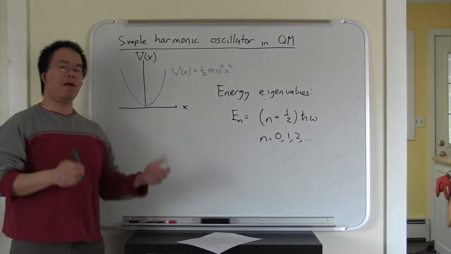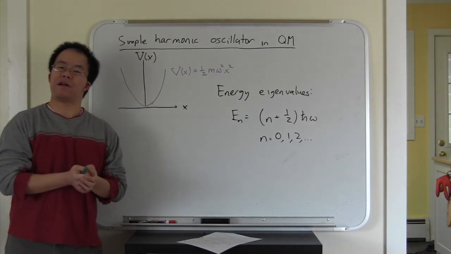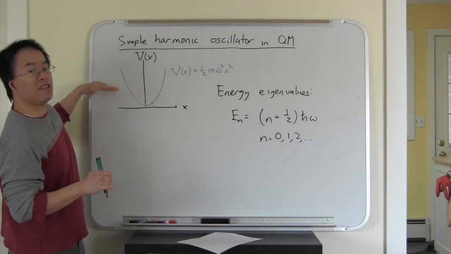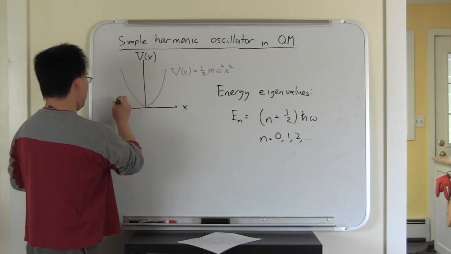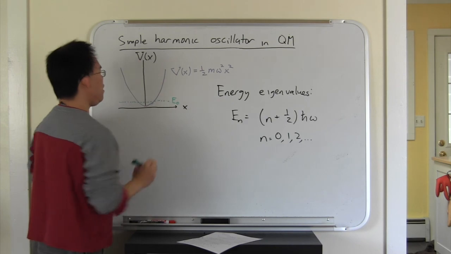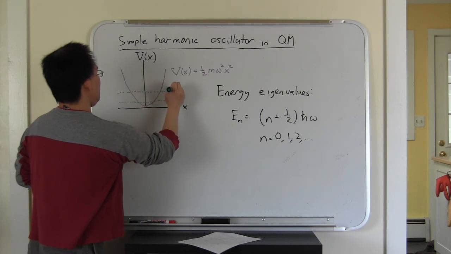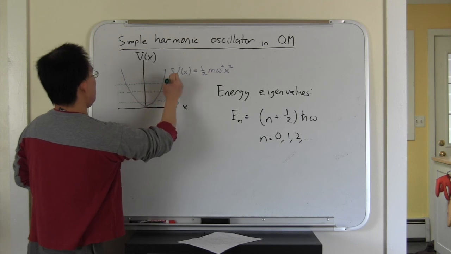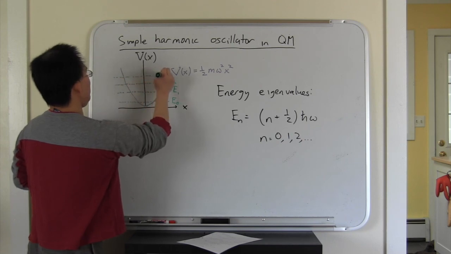First, qualitatively, it turns out that the energy eigenvalues for a simple harmonic oscillator are evenly spaced. If I were to sketch those energies on this graph here, they might look something like this. So that might be my E0 and E1 and my E2, and I'll draw one more here.